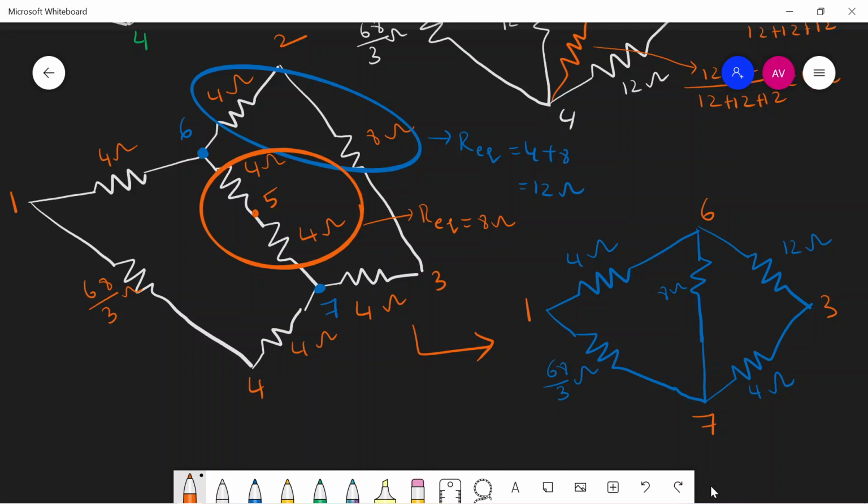And now from this figure we can see again two delta networks. This is one delta network and this is one delta network. Let us convert one of the networks to star. I would like to choose this delta network to convert to star. Okay, and I'll use the formula to convert it.